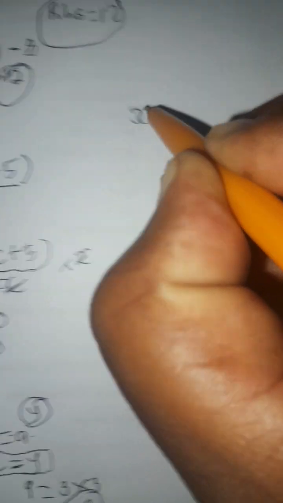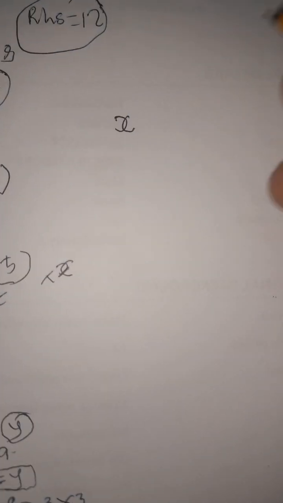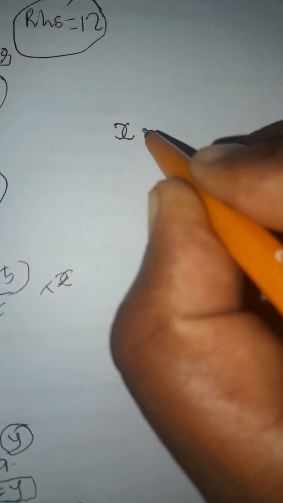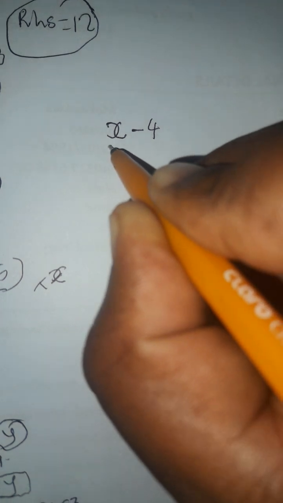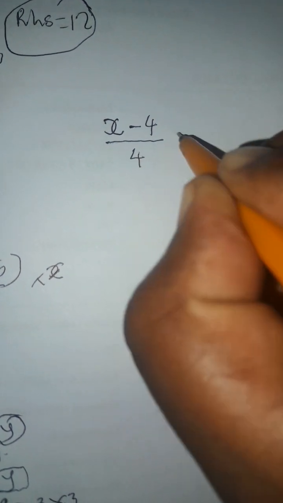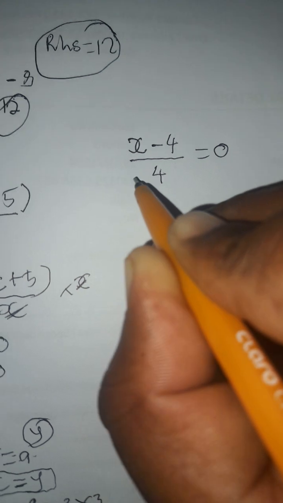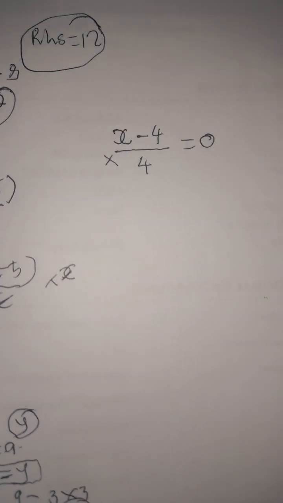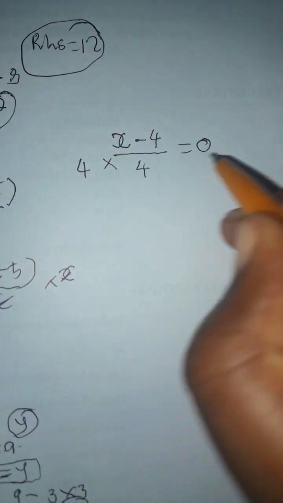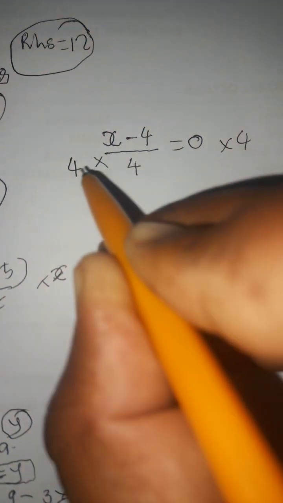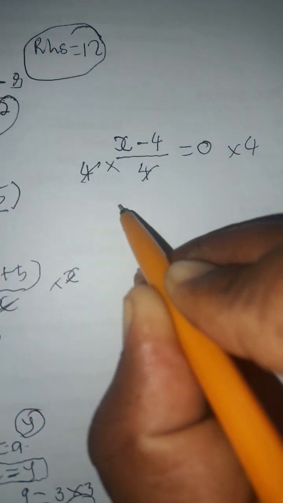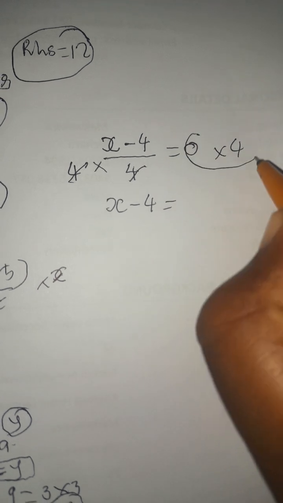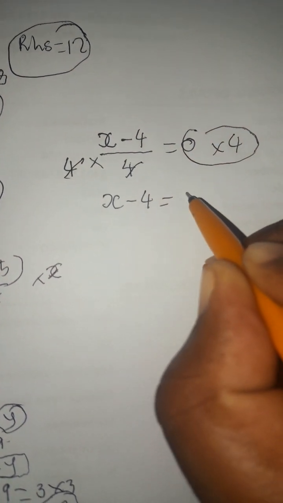Let's say you're given x minus 4 divided by 4 is equal to 0. So the aim, you can multiply by your LCD, which is 4, the denominator, on both sides, to get rid of this. So we can see that this and this cancel, and we know that this is x minus 4. Then what is 0 times 4? 0 times 4, that will be 0.